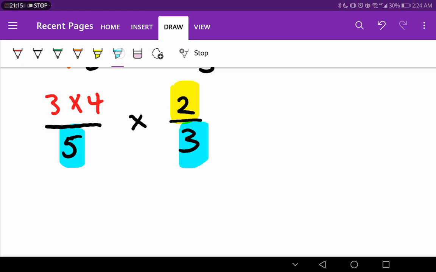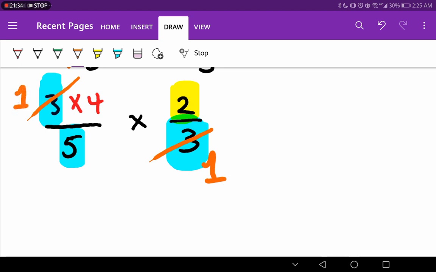Now you have a similar number up and down. Yes, you have a 3 up and a 3 down. So you can eliminate this 3 and this 3. Okay, it is extra, my dear student. If you accept it, it is good.